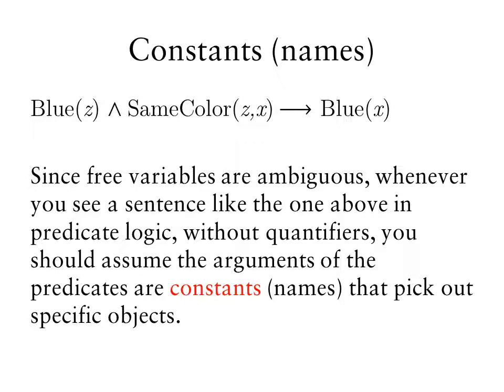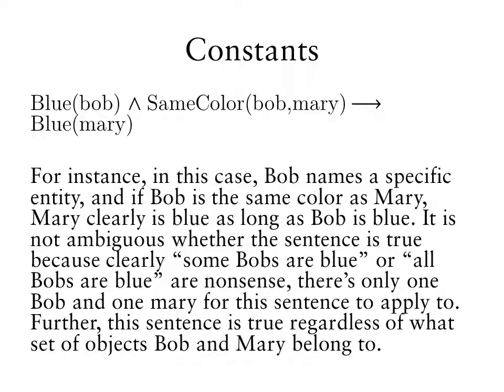So if x is a member of the set of numbers, then I can replace x with any number, 2, 3, 4, whatever. And we can demonstrate that by using different names, right?